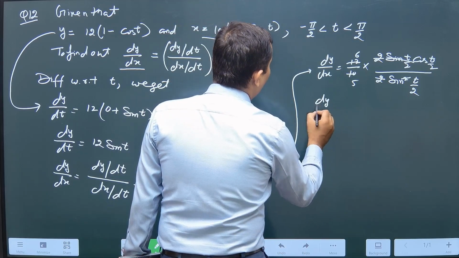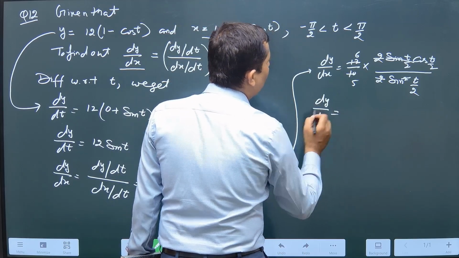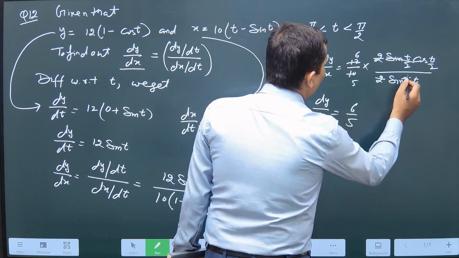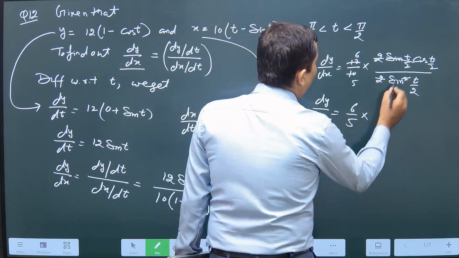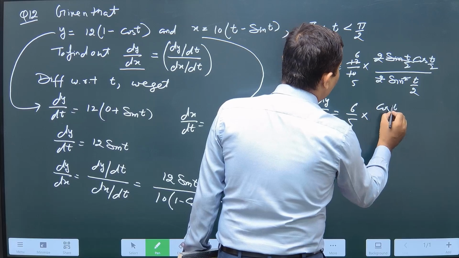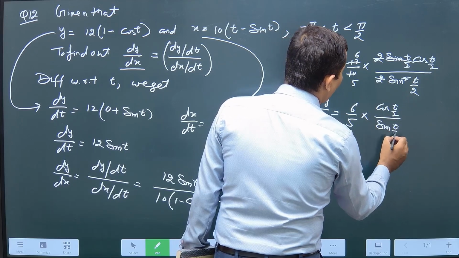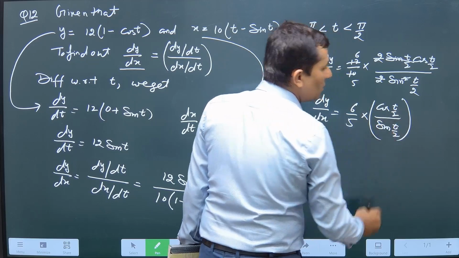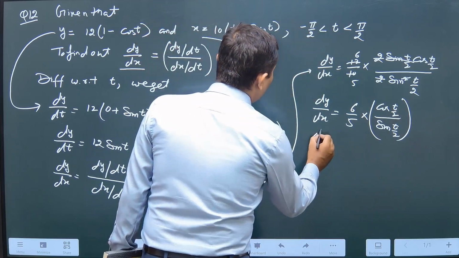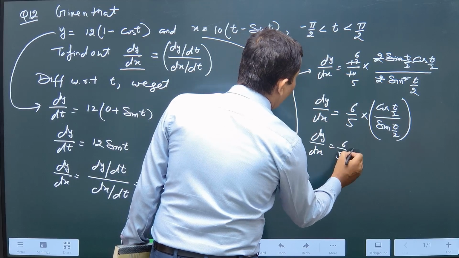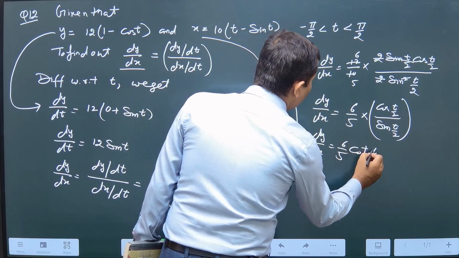Then your dy upon dx is equal to 6 by 5 into cos t by 2 upon sin t by 2. This is equal to cot t by 2. dy upon dx is equal to 6 by 5 cot t by 2.